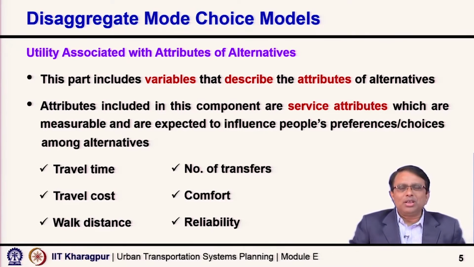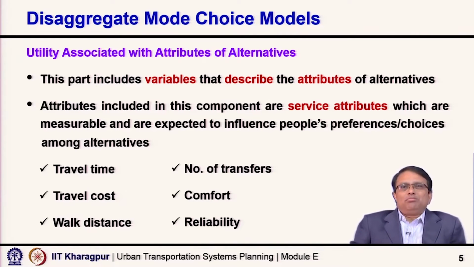You have different alternatives, one may travel by car, one may travel by taxi, one may travel by bus, one may travel by even underground metro. So, attributes included in these components are essentially service attributes which are measurable and are expected to influence people's preferences or choices among alternatives.